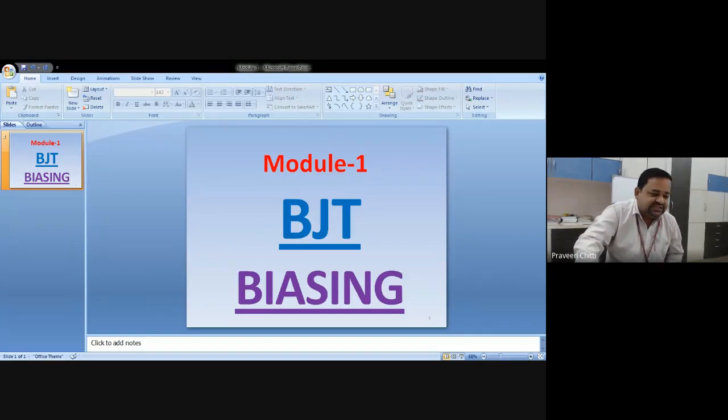So we'll see one by one. The first circuit we are going to discuss is the fixed bias circuit or base bias circuit. We'll see how the base bias circuit provides biasing to the transistor.